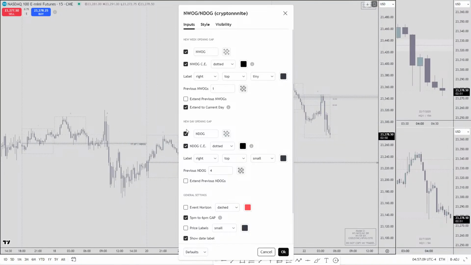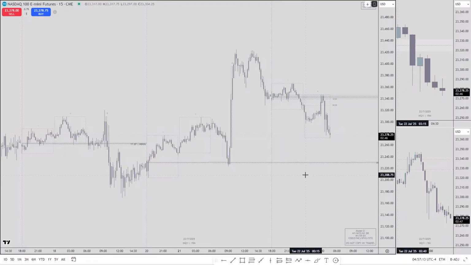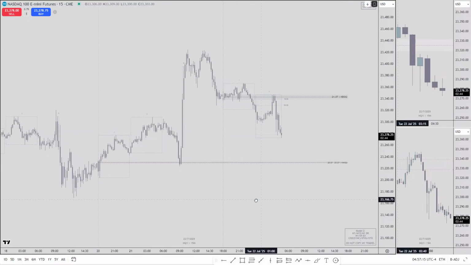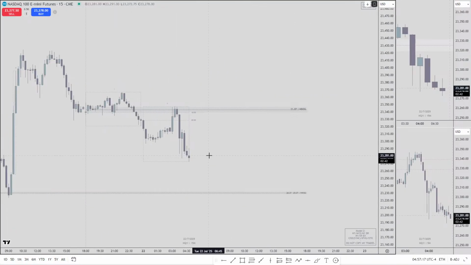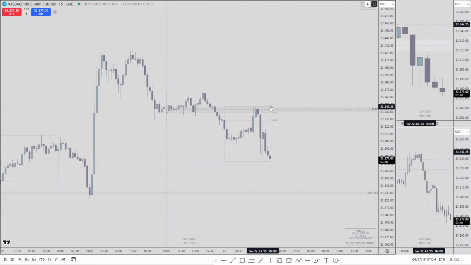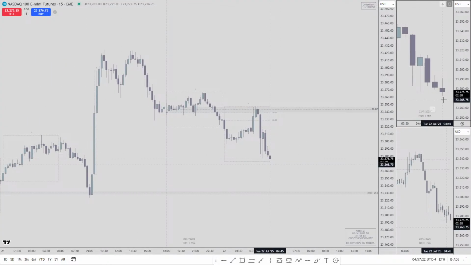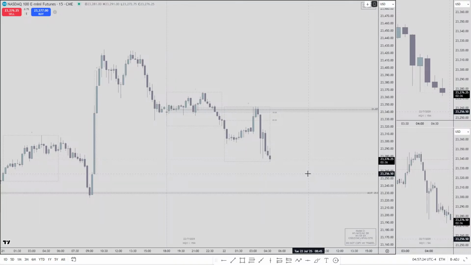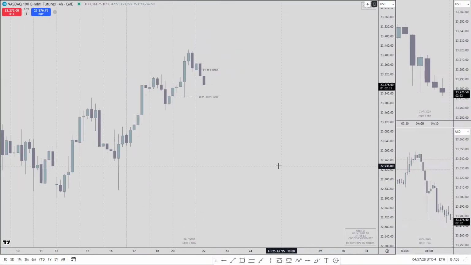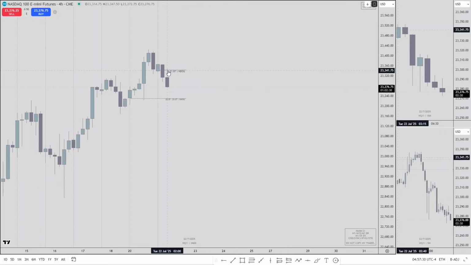Oh. Just one. Looks pretty bad. Oh no, it's going lower, which means ES is going lower as well.